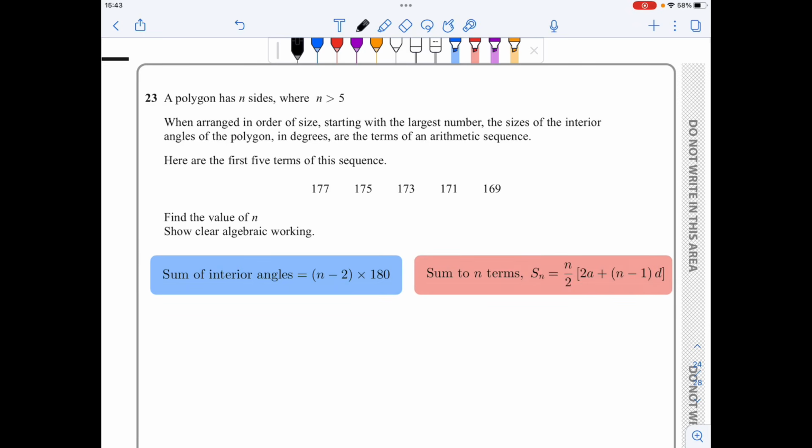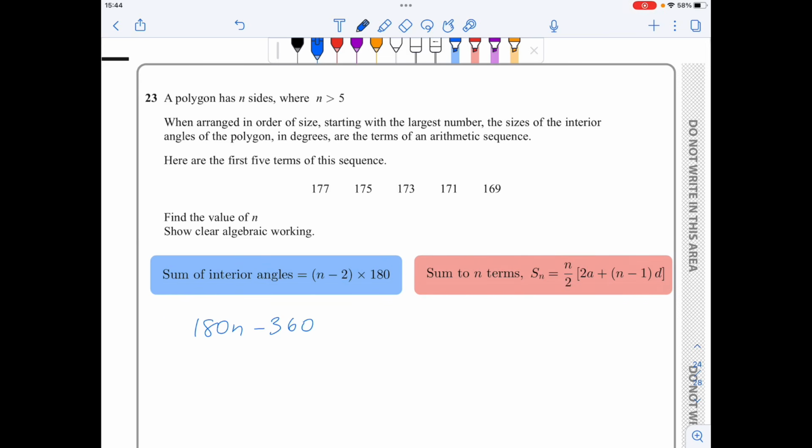So since both of these hold, if I create 2 expressions and equate them, I'll have an equation, and when solving that, I'll be able to find the value of n. Starting with the left equation, the sum is given by that expression. If I expand that, I'll get 180n minus 360.